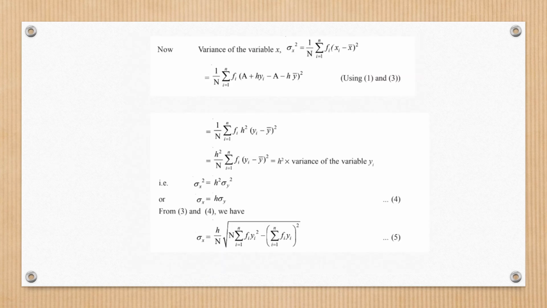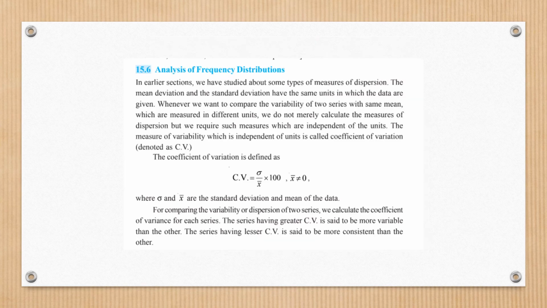So the variance formula is 1 upon n times summation fi (xi minus x bar) whole square, and by opening it and writing it in standard form, the formula which we use is h upon n, where h is the height and n is summation fi, root of n times summation fi yi square minus (summation fi yi) whole square, where yi is (xi minus a) upon h.